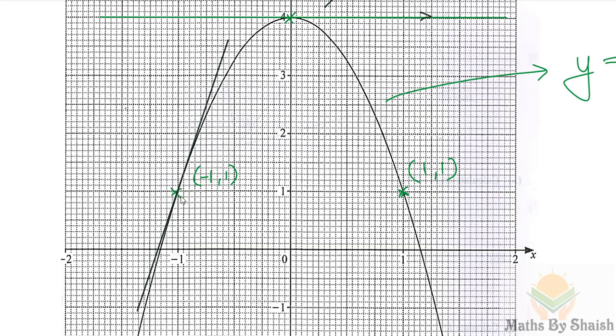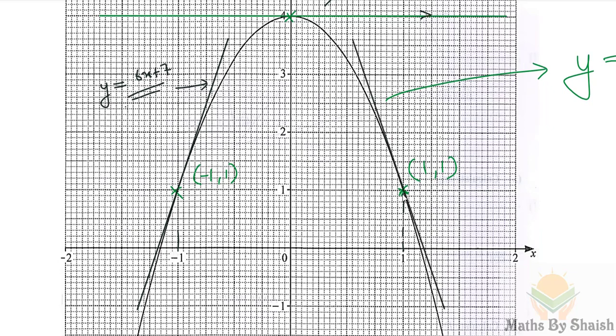Let's say at x equals minus 1, this is the tangent, and its equation is y equals 6x plus 7. Now if we draw a tangent at x equals 1, we need to tell the equation of that tangent. So let's say this is the tangent at x equals 1.